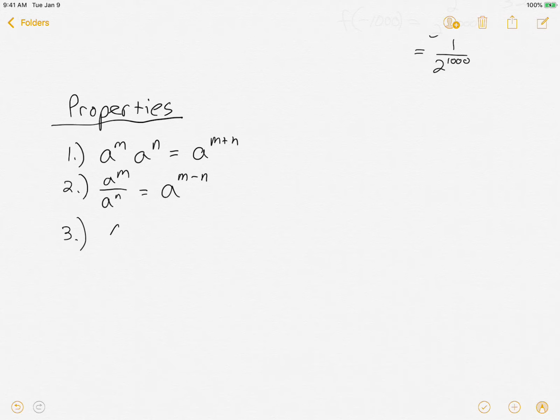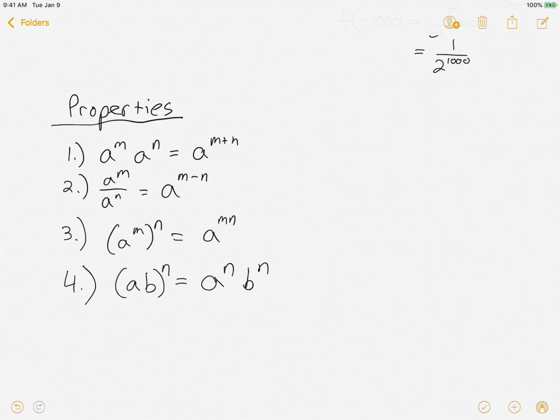Let's say we have something raised to a power, and then we turn around and raise that to a power. We can just multiply the exponents. If we have two things multiplied together, not added, multiplied together, raised to a power, I can rewrite that as a to the n, b to the n. Similarly, if I have it divided, same thing, a to the n over b to the n.